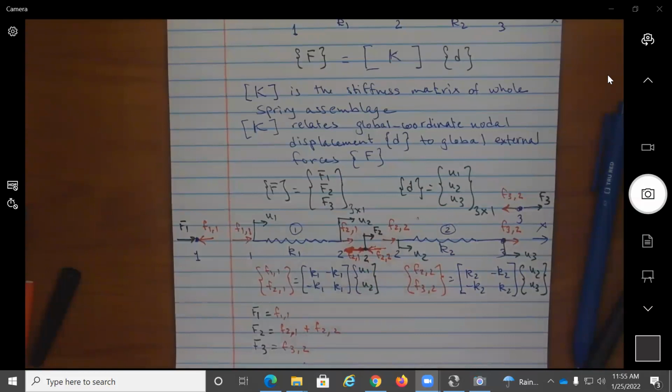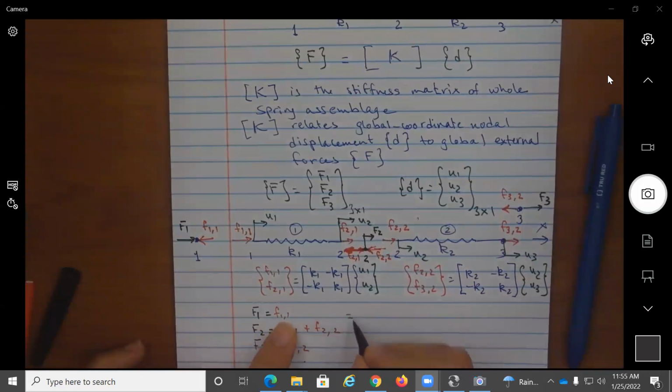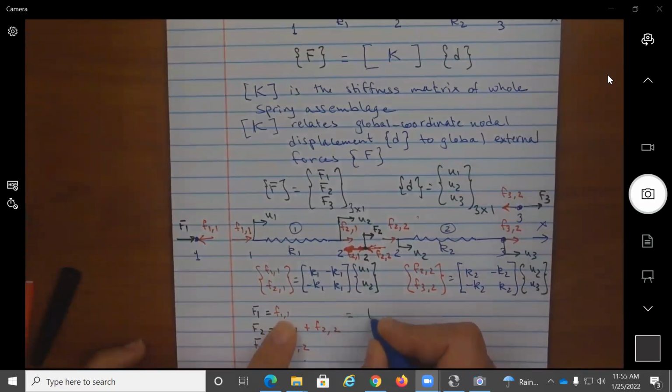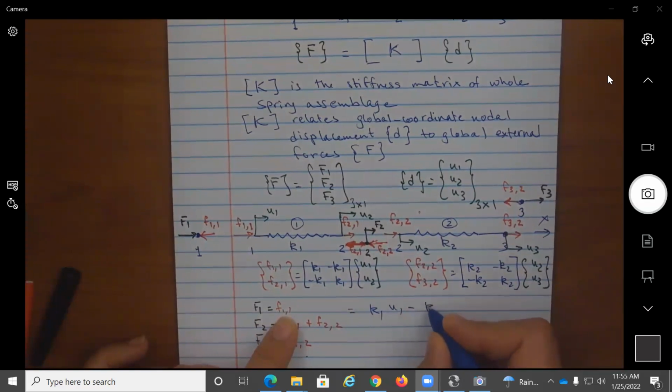Now what? We have equations for all the red forces, so let's substitute in these equations. For F11, I would say this is equal to K1 U1 minus K1 U2.